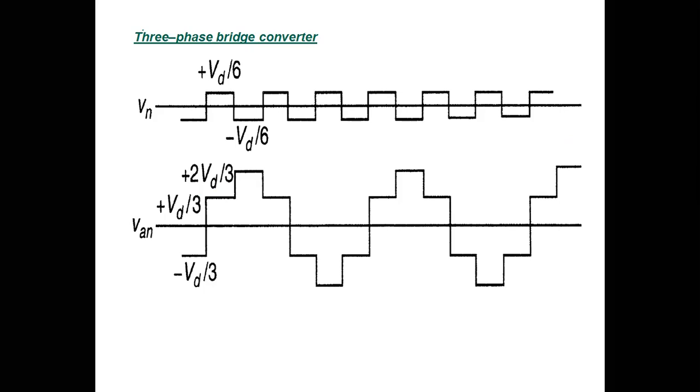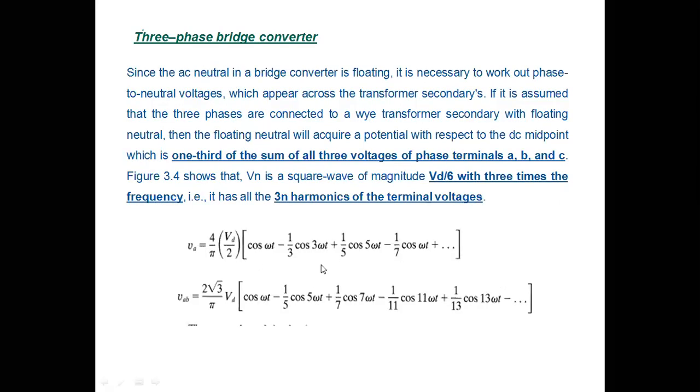Okay, and if you see the different voltages, already in a single phase we have expressed this square waveform as a series of different odd harmonics. Already we have seen these waveforms in the single phase operation. So the same VA we consider, and for VB we consider omega t plus 120 degrees.